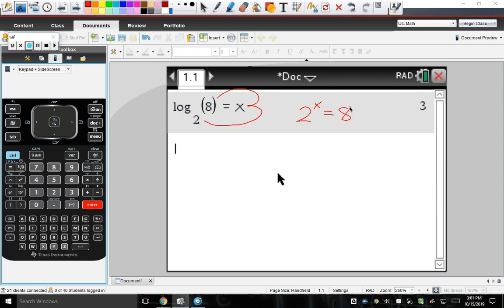But our old calculators in the past didn't do this, and it wouldn't calculate logs like this. Logs were calculated like this: if I had a log base a of b, we had to put it in our old prehistoric TI-83s as the natural log of b over the natural log of a.